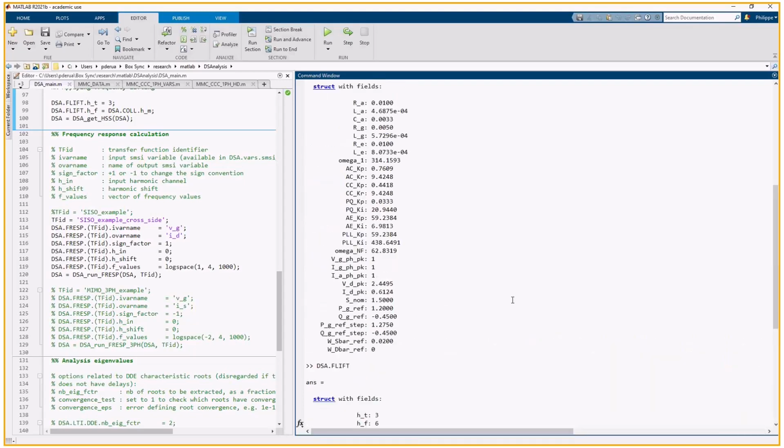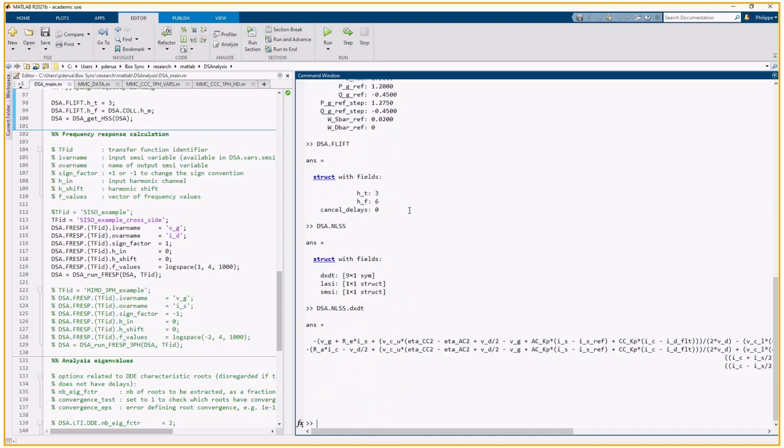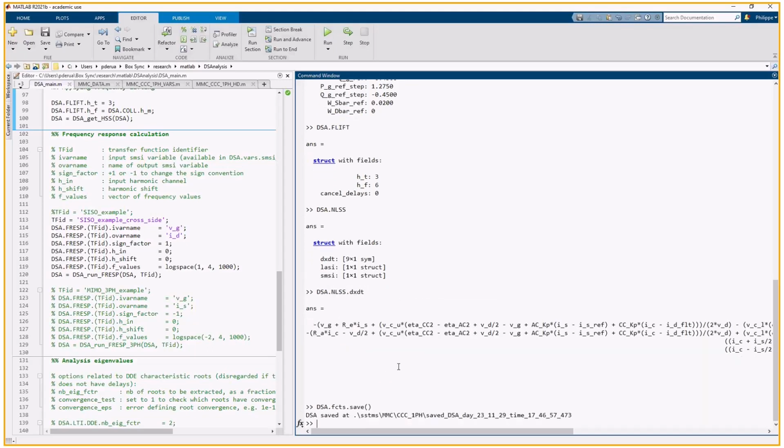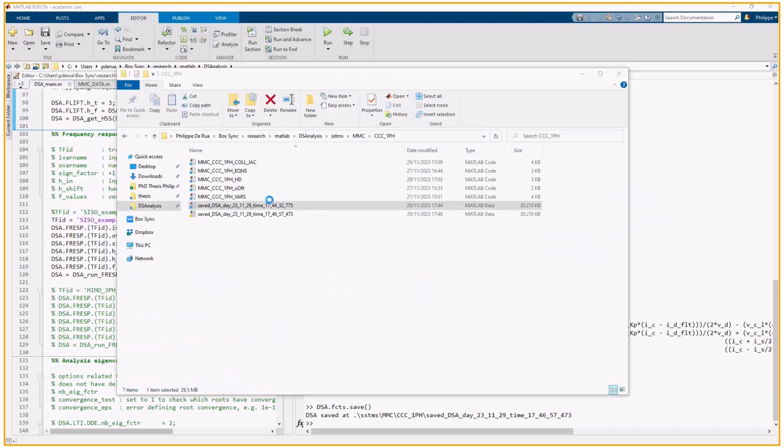So every now and then you can save a DSA structure knowing that it will not be overwritten, simply because if I decide to save it again, well, it is saved, of course, on the same day, but with a little bit of luck, not at the same time. So if I go to the folder, I see that now I have twice the DSA structure saved.